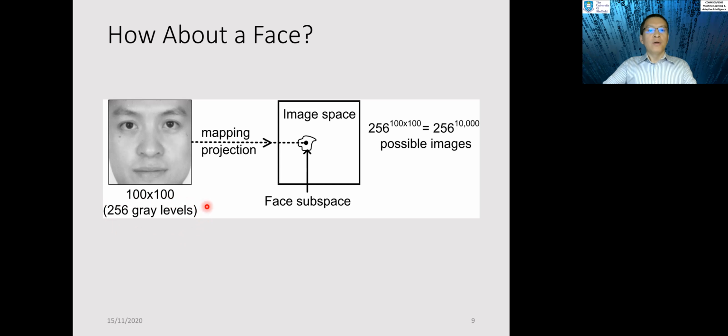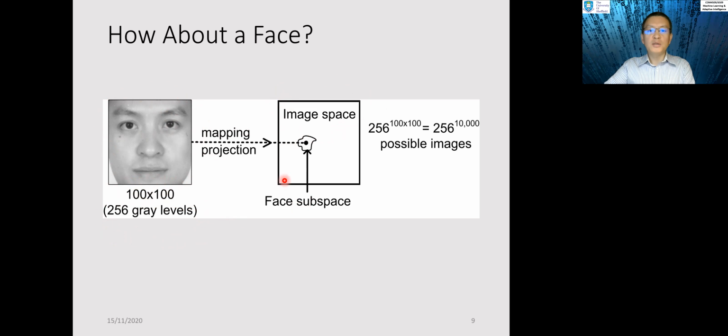And we can imagine to map or project this face into an image space of the same size and same bit level.